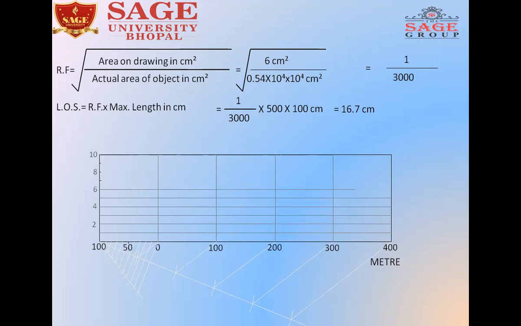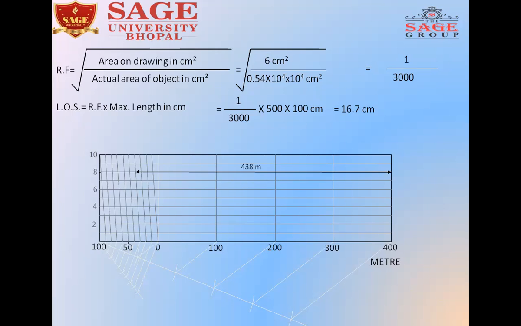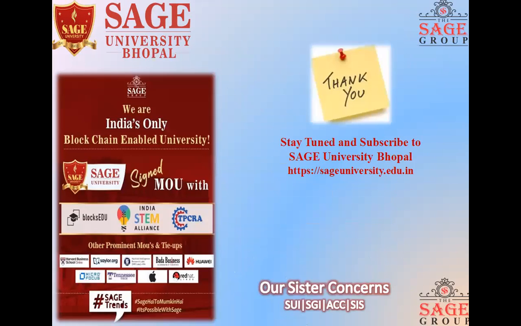Next, you will draw a horizontal line through each of them to meet the opposite side. Then you will divide it with diagonals and read. Write the main unit, second unit, third unit, and the value of RF here, and mark a distance of 430 meter on it. Thank you very much.